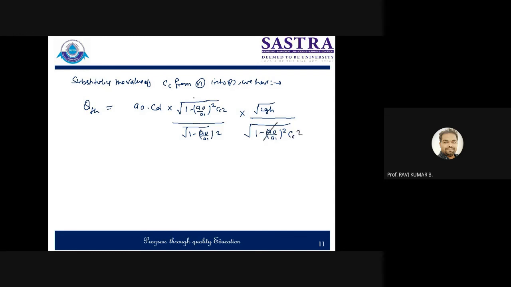This term and this term will cancel out. So Q theoretical is equal to Cd into A naught, and I'll take the LCM, so A1 will come here: under root A1 square minus A2 square into under root 2gH. So this is the theoretical discharge for the orifice meter.